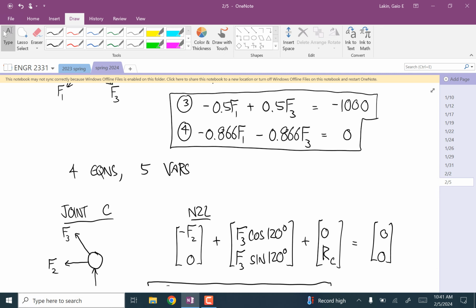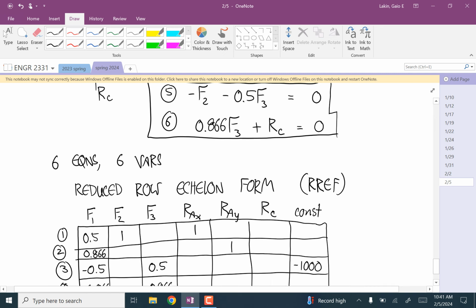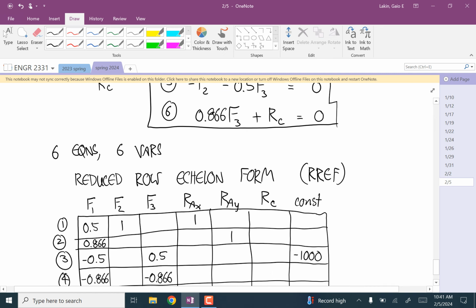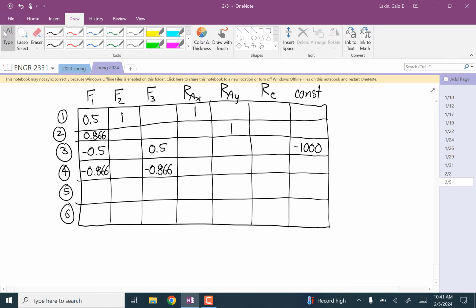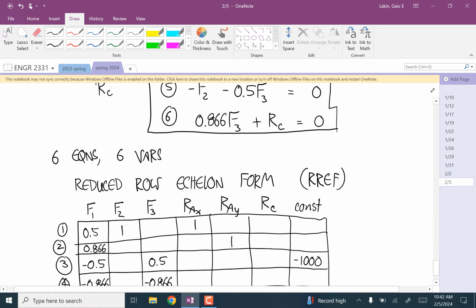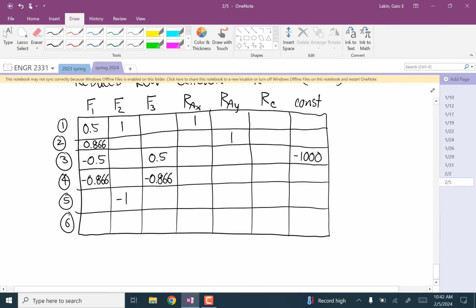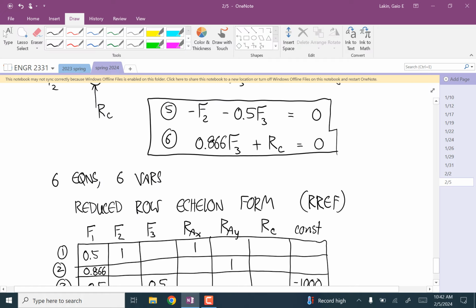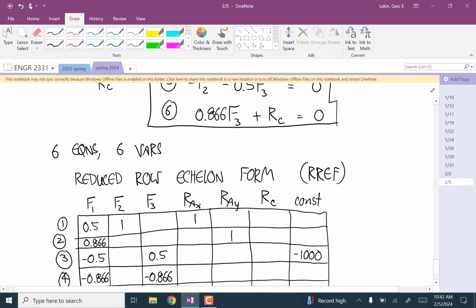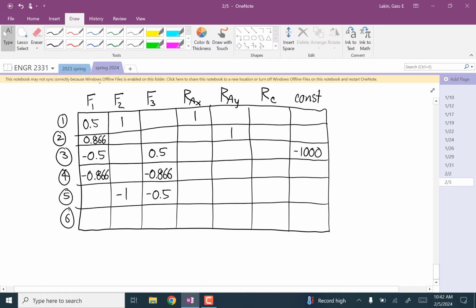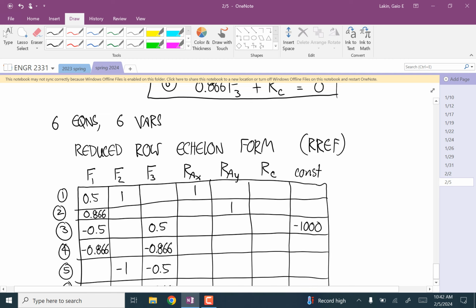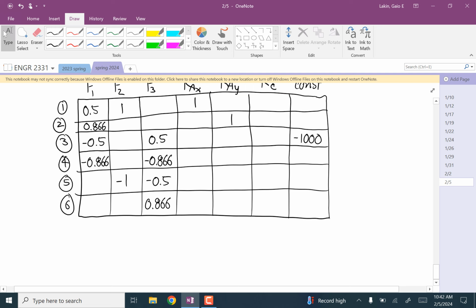Everything else is zeros. And then for equation 5, F2s, we have negative 1. F3s, we have negative 0.5. And equation 6, F3s, we have 0.866. RC, we have 1.